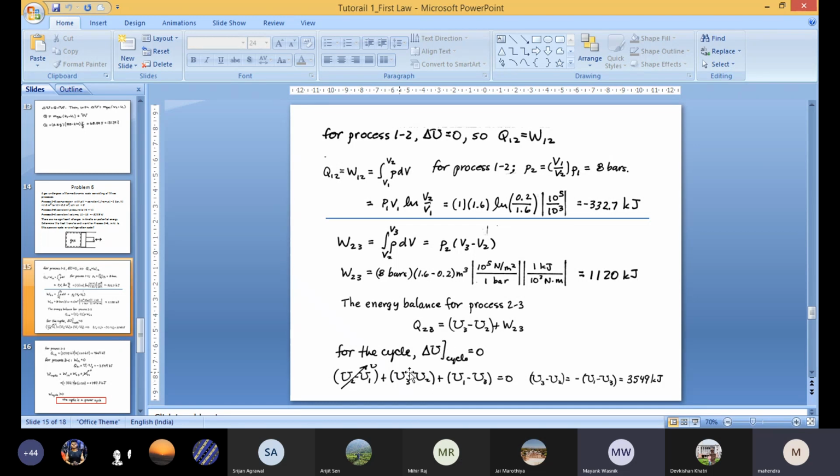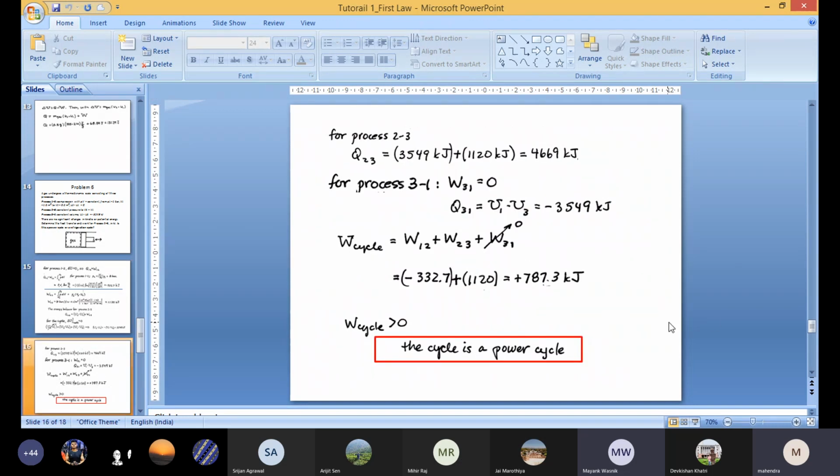By that way, each and every process, this is process 1-2, this is process 2-3, this is process 3-1. Anyhow, in the problem itself they have given it is 0, so we have equalized it to 0. Then we have calculated U3 minus U2 equal to this value. Now I have changed the slides. Are you able to see?